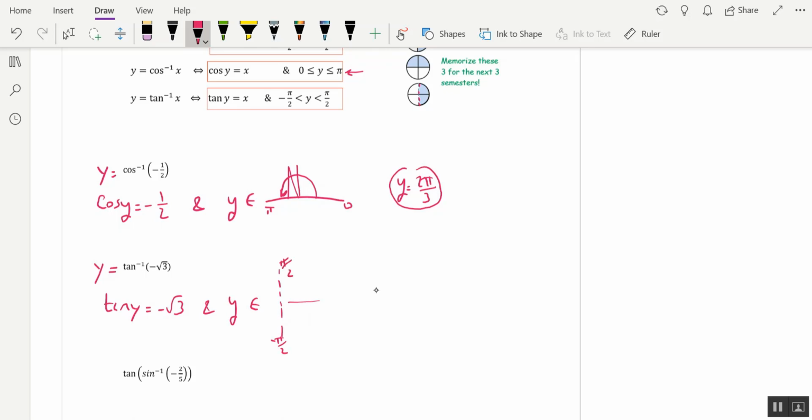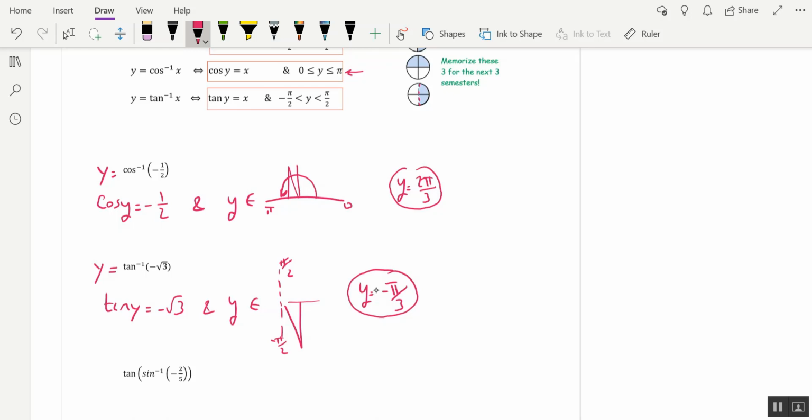So since the tangent is negative, we know we're down here in quadrant 4. And tangent is the slope of the terminal side, so that's going to have a steep slope. And so that's the angle negative pi over 3.